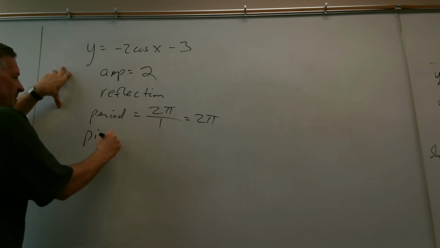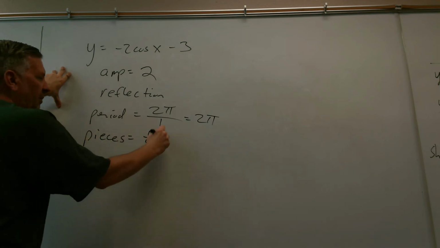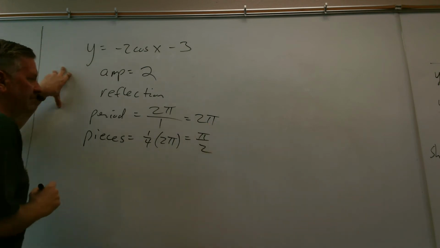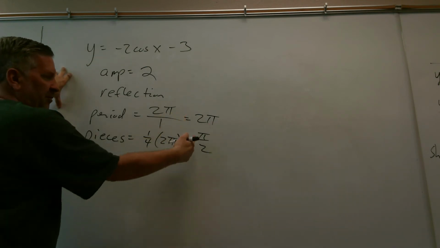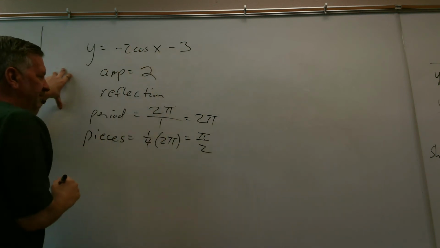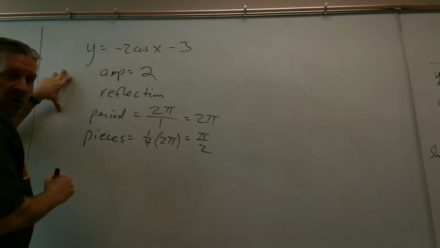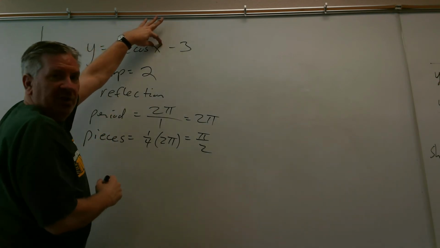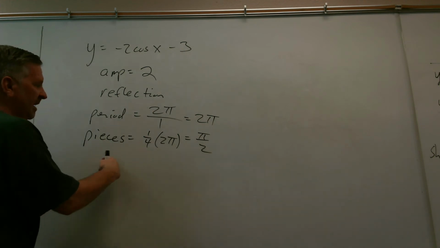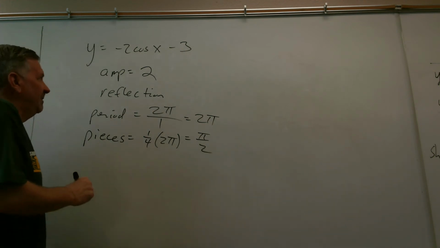The piece is 1/4 of the period, which is pi over 2. Notice our period and piece are just like the original cosine graph because it's a 1 here. There's no horizontal shift, right? The angle here is just x. It's not x plus a number or x minus a number, so no horizontal shift. If there's no horizontal shift, you don't have to write it.